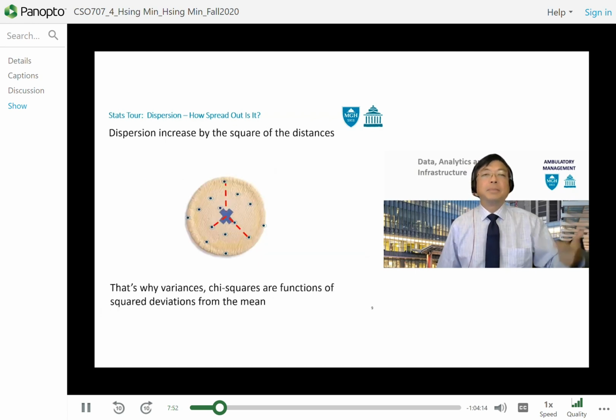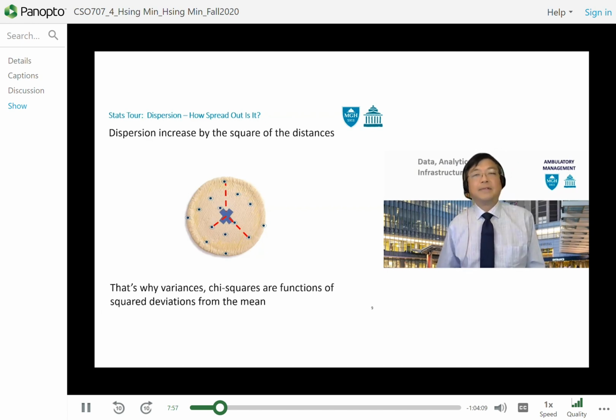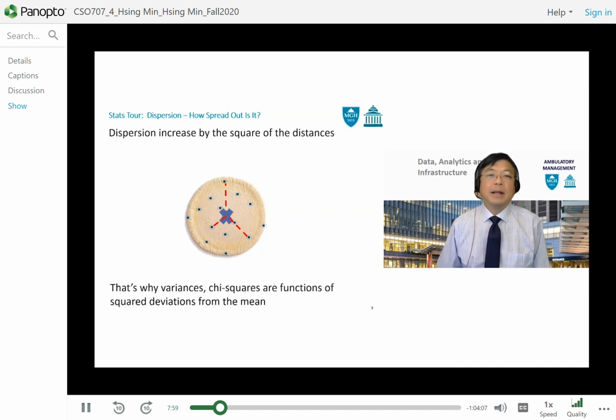So how spread out a phenomenon is a function of the square of the distances of observations of that phenomenon from the mean. That's why variances, standard deviations, chi-squares, they're all functions of the sum of squared deviations from the center.